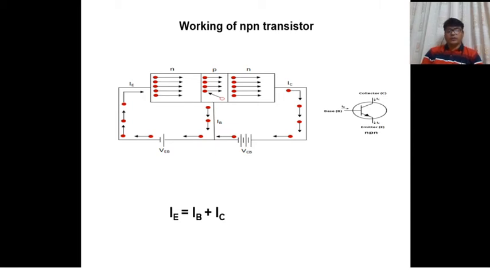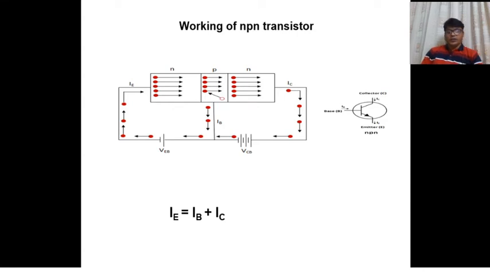Before going to the transistor action, it is important to keep in mind the following facts about the transistor. The transistor has three regions: emitter, base and collector. The base is much thinner than the emitter, while the collector is wider than both the emitter and base. However, for the sake of convenience, the emitter and collector are usually shown to be of equal size.